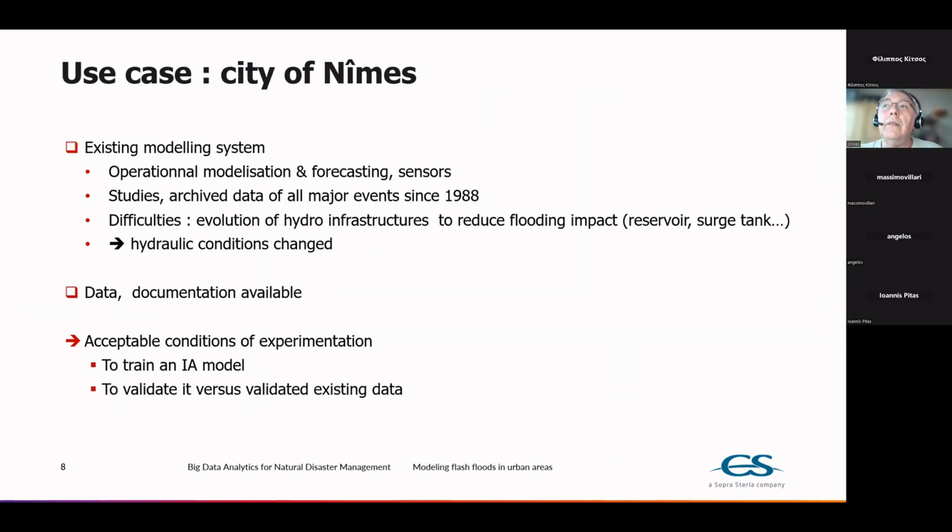In Nîmes, they have an existing modeling system called ESPADA, which is a hydrodynamic modelization. But as I told you, they can't run it in real time, because it takes time. So they run it in advance with different scenarios, and from the output of the model they check which flooding scenario they will have.